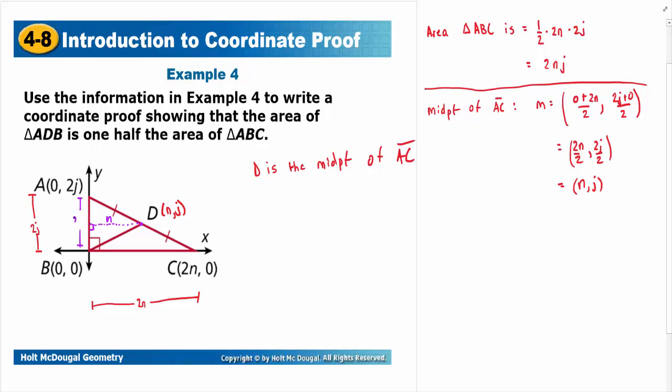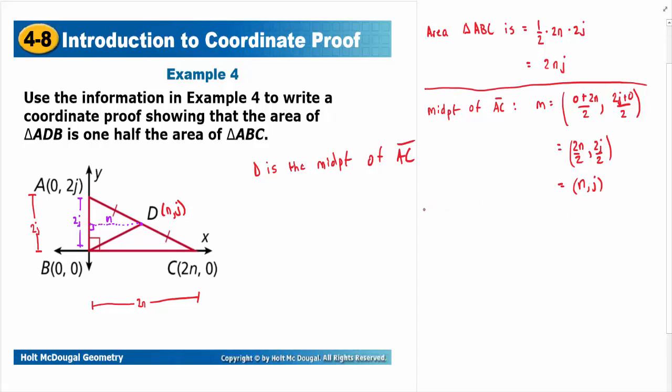So this is going to be 2j for my base. It's the same as my original height, actually, right? The original height actually becomes my base. So this is the base of your triangle. This is the height of your triangle. The base has to form a right angle with your height. So in that case, that'd be 2j. So that's going to be my next step.